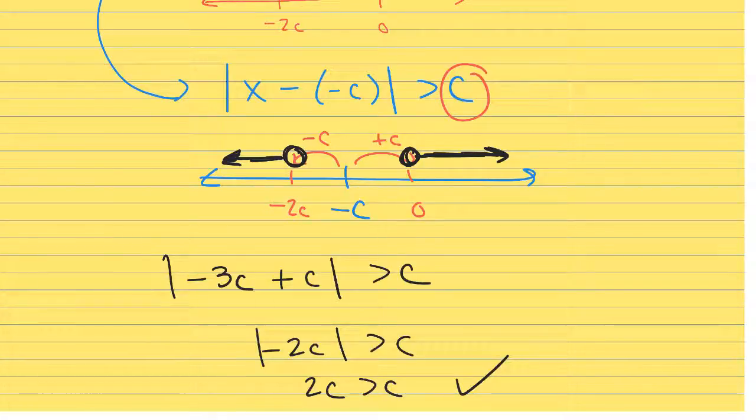If c could be a negative number, then we could run into problems with making the statement true. If this were negative 1, we have negative 2 greater than negative 1. That would not be a true statement there. So c being a positive number in the directions helps us to actually solve this problem. Without that statement, you can't solve it. The answers would be ambiguous. You can get either direction depending on how you interpret c.